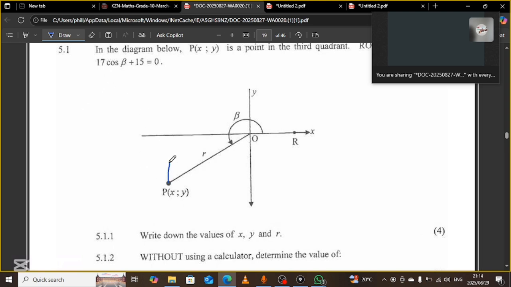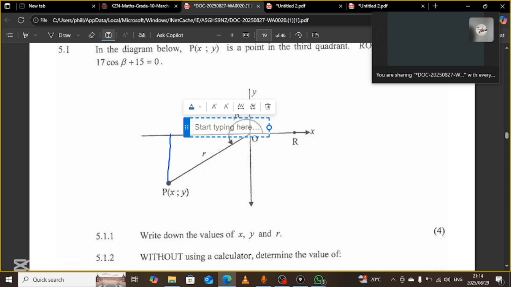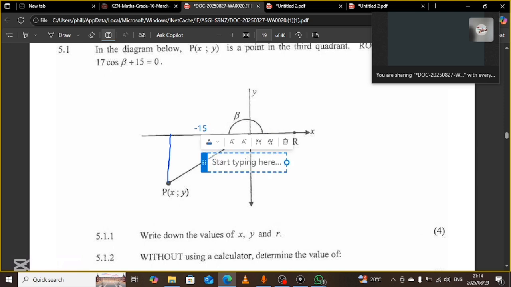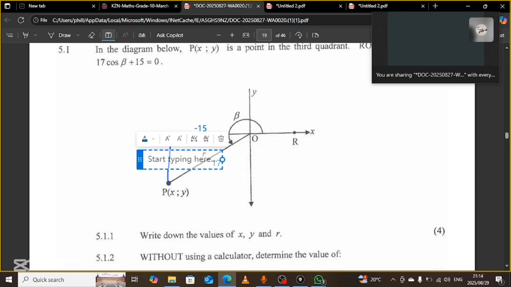Check your signs. You said your x, so let me write it here. That's negative 15. Your first answer was correct.